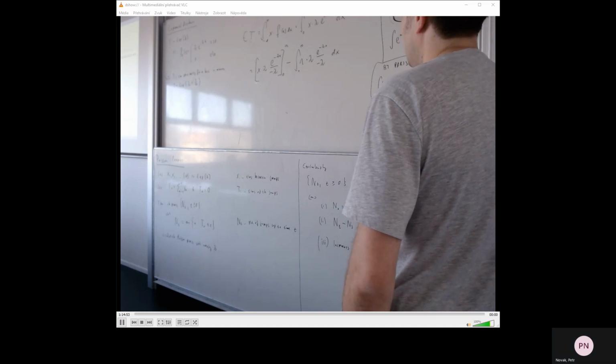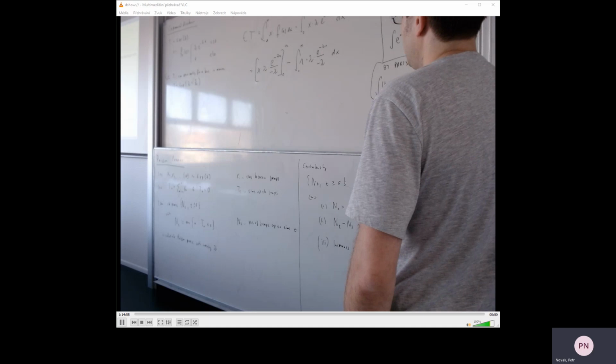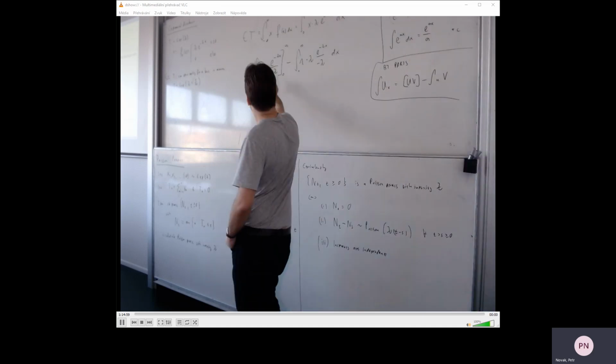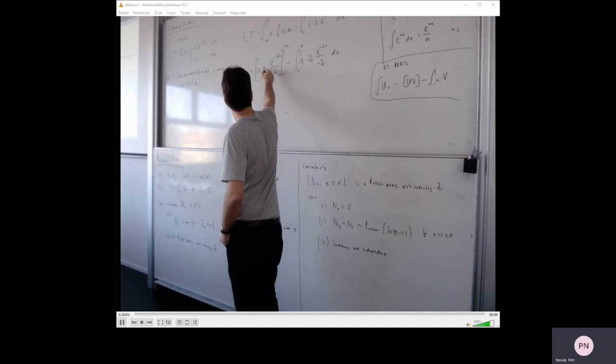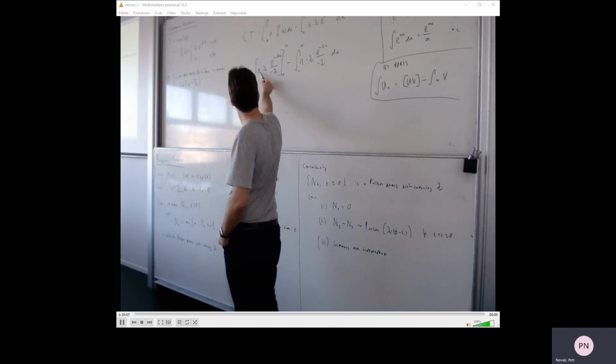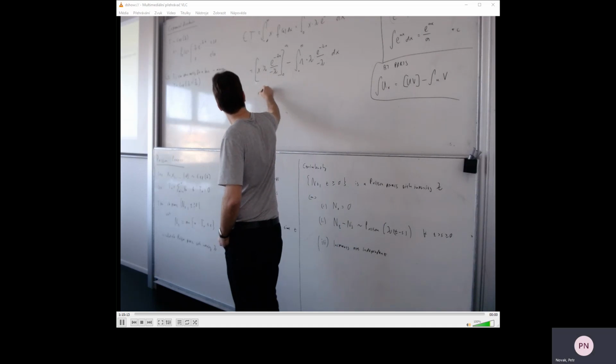Let's first work with the first part. These lambdas get cancelled, and they are just positive constants. I have x times e to the power of minus lambda x. For x going to infinity, what happens, for lambda being a positive constant?